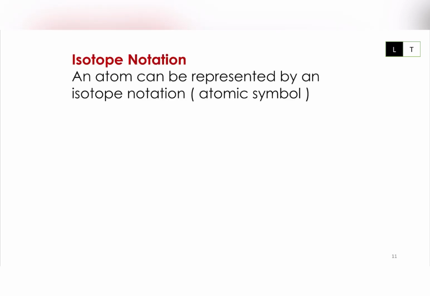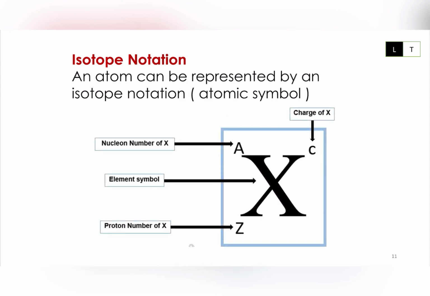We can represent an atom by using isotope notation or atomic symbol, where I have this symbol. X is the element symbol based on the periodic table. Capital A at the top left is the nucleon number for that element, and capital Z here is the proton number of that element.